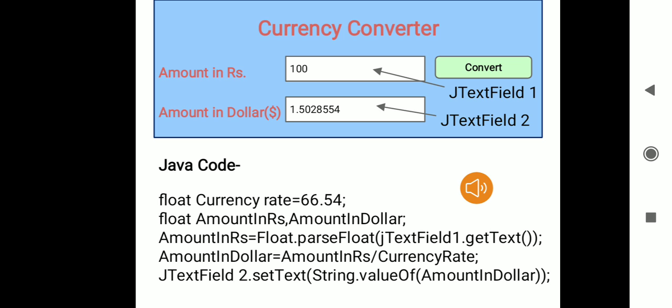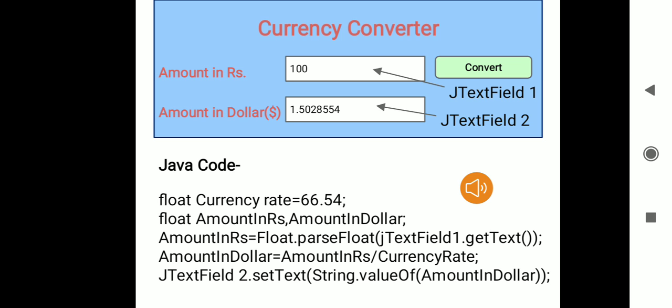This value 100.0 then gets stored in the variable amount in RS. This is represented by the statement amount in RS equal to float.parseFloat, then within bracket you have JTextField1.getText followed by a semicolon. Now come to the next line.